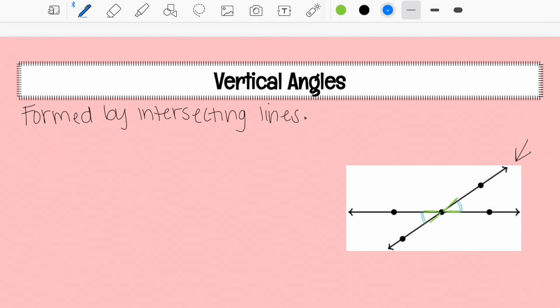So I would have this angle right here, which is a vertical angle to this one. So our stars are vertical angles. And we also have another pair of smiley faces, which are also going to be vertical angles. What's important about vertical angles is that vertical angles are congruent.